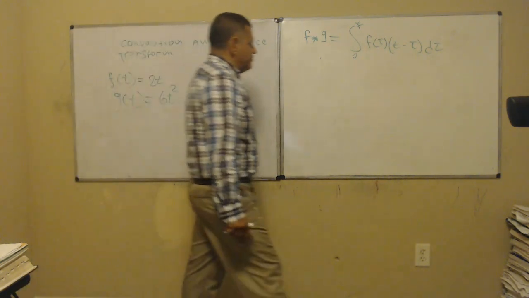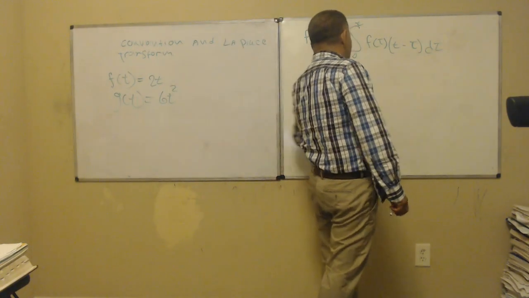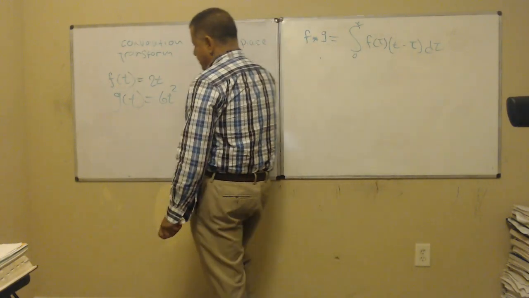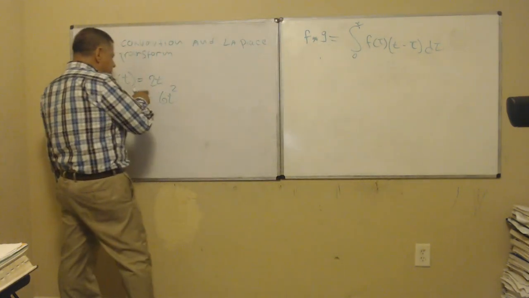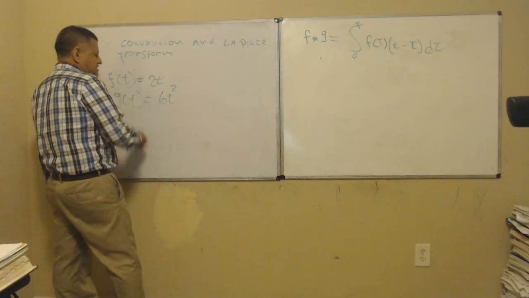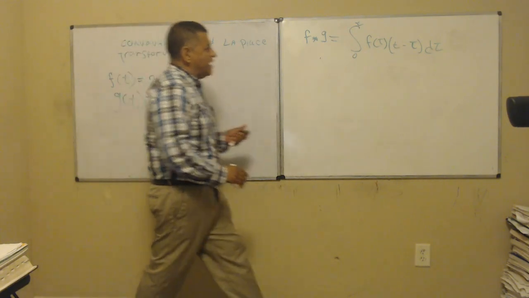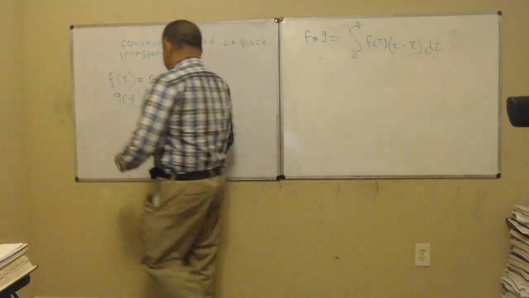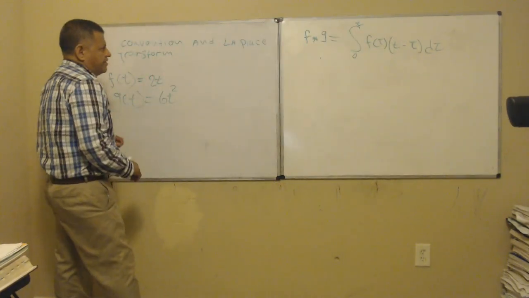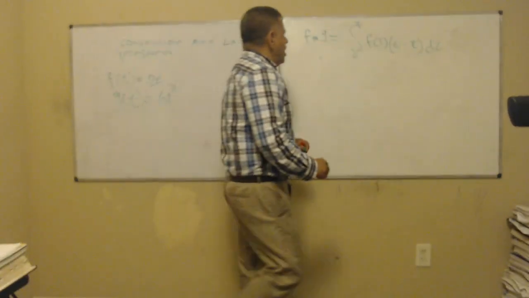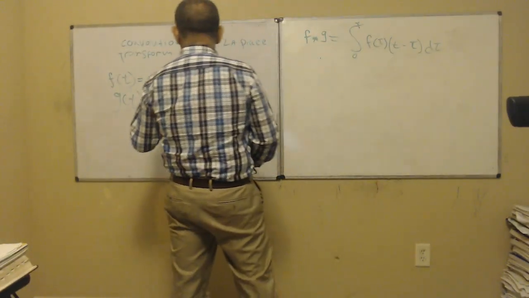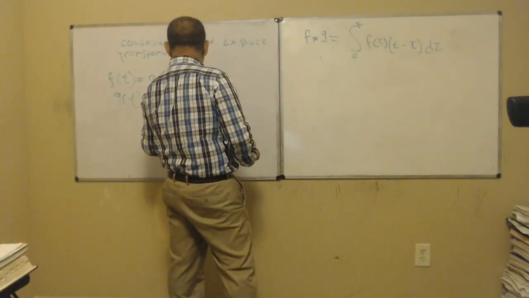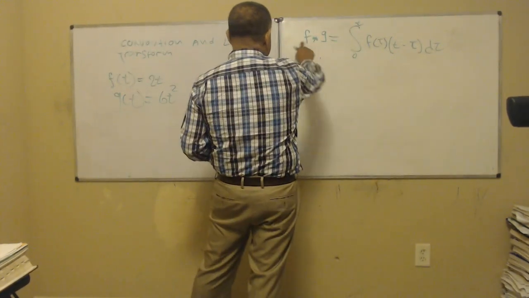Now, normally we represent it one way, but in this case, it's going to take a little while to do the math, but I will use the g instead of the f, right?